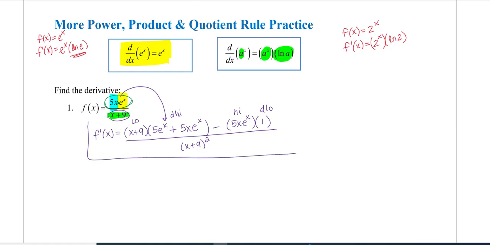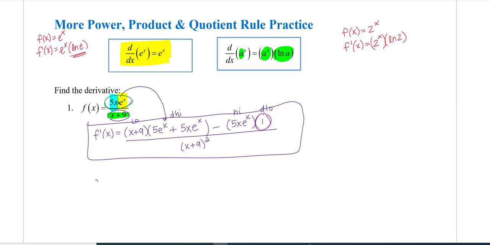Now, you are totally welcome. This is the correct derivative. You do not have to necessarily simplify it. I'm not sure that I would type it in this way if you're typing something into a more type system. For example, I'm not going to type times 1, things like that, but you have found a correct derivative.